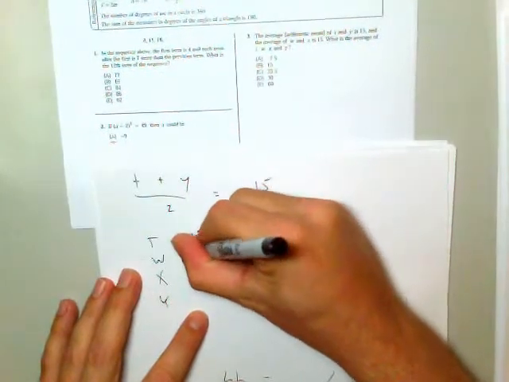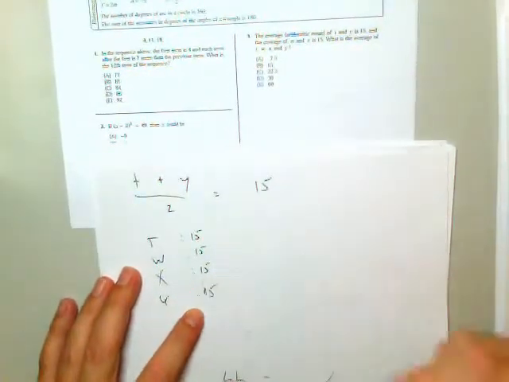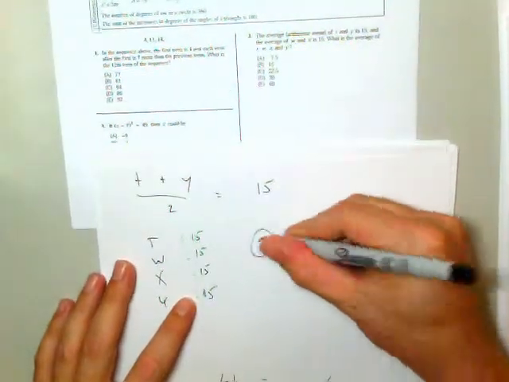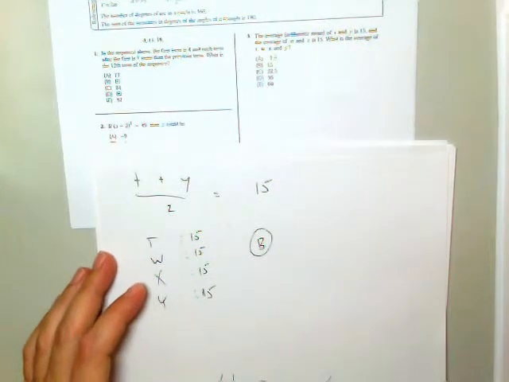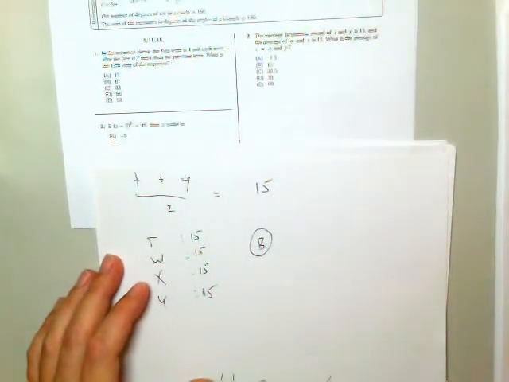So what you can do is set t, w, x, and y all to 15, since in combination their averages are 15. So the average of all 4 is still going to be 15. So number 3 should be B. Good.